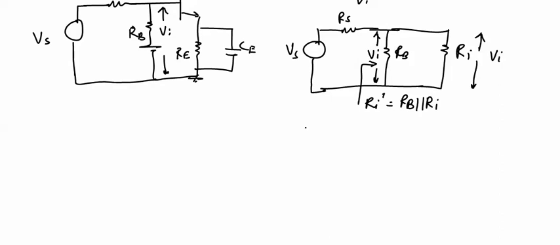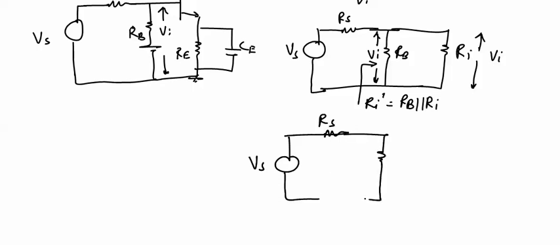So now we can replace this circuit as Ri dash, and across this the voltage will be equal to Vi.